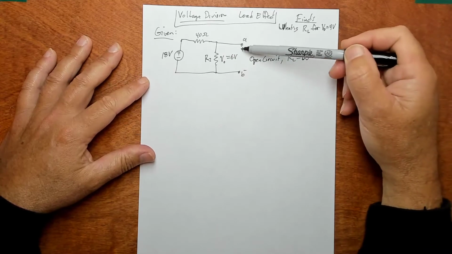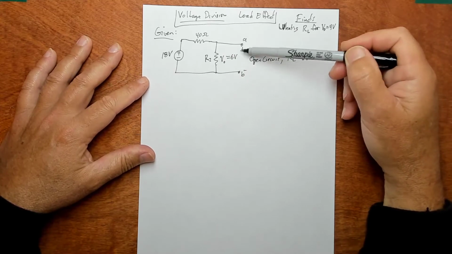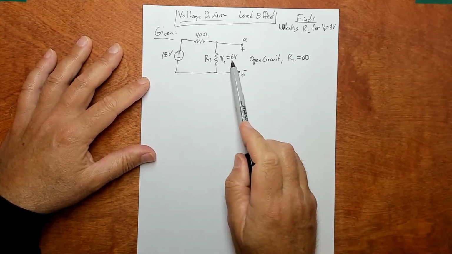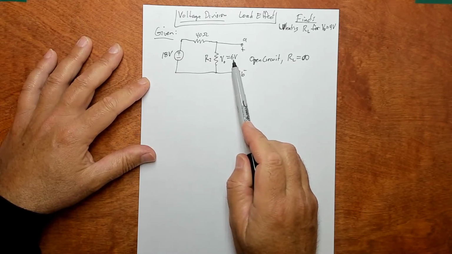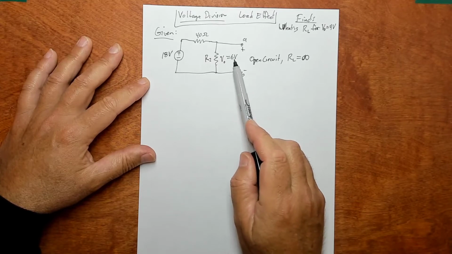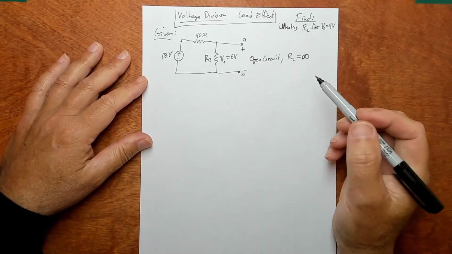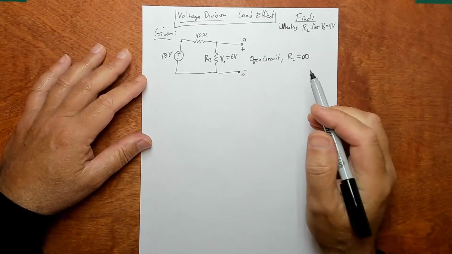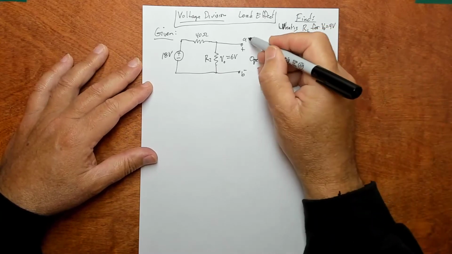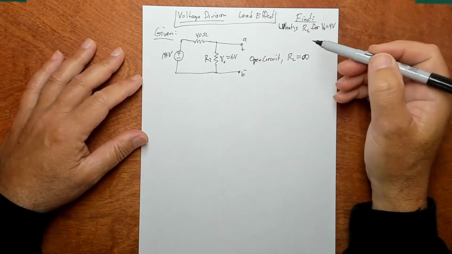But if we put a load in here, what does that load have to be to start to draw this down to 4 volts, which is quite a lot of drop? That's like two thirds, right? It's a big drop for these kinds of circuits in certain circumstances. It depends on what you're doing.